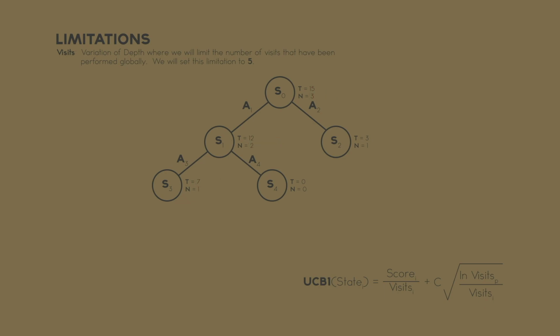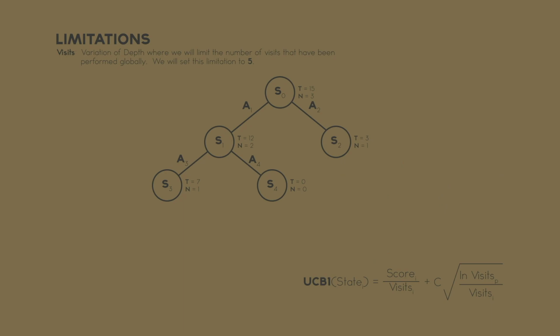Tree traversal is performed, resulting in S1 and S2 getting UCB values of 7.4823 and 5.0962 respectively. S1 is the node that maximizes the UCB score, so it is chosen.